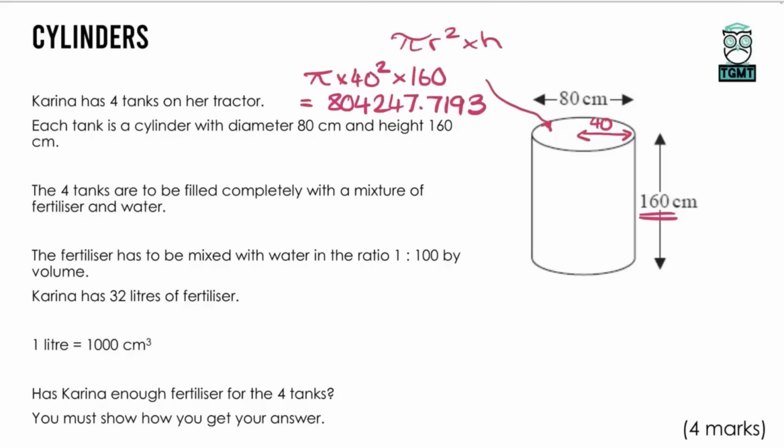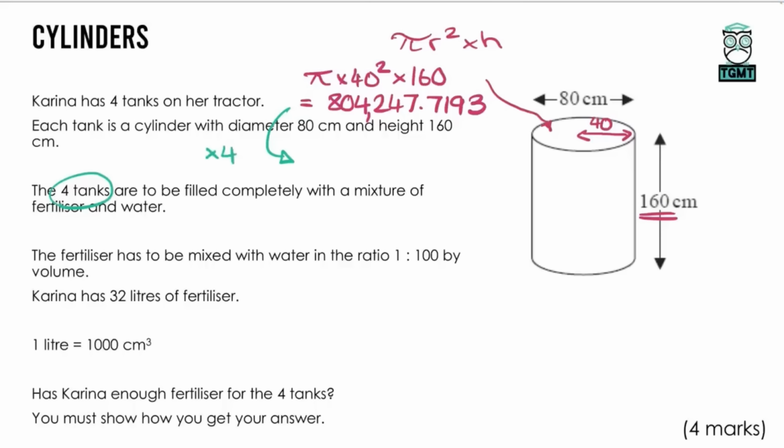And there we go, that is the volume of one tank, 804,247.7193 centimetres cubed. Now it says here that we are going to have 4 tanks. Well, she has 4 tanks, so we need to multiply this by 4. That's going to give us the volume of all 4.